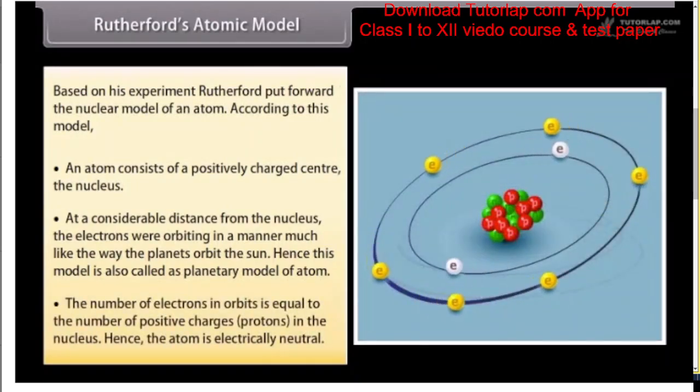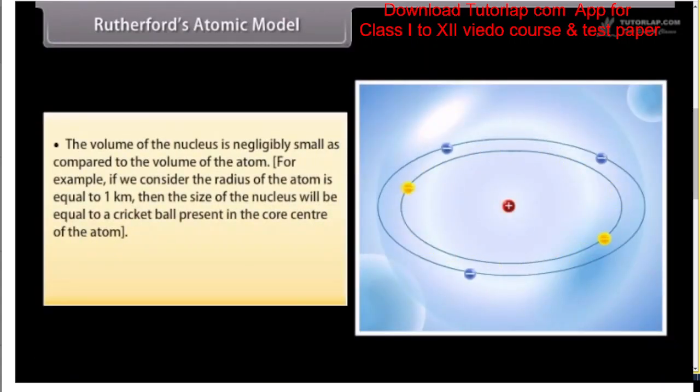The number of electrons in orbits is equal to the number of positive charges, protons, in the nucleus. Hence, the atom is electrically neutral. The volume of the nucleus is negligibly small as compared to the volume of the atom. For example, if we consider the radius of the atom is equal to 1 kilometer, then the size of the nucleus will be equal to a cricket ball present at the center of the atom. Hence, most of the space in the atom is empty.